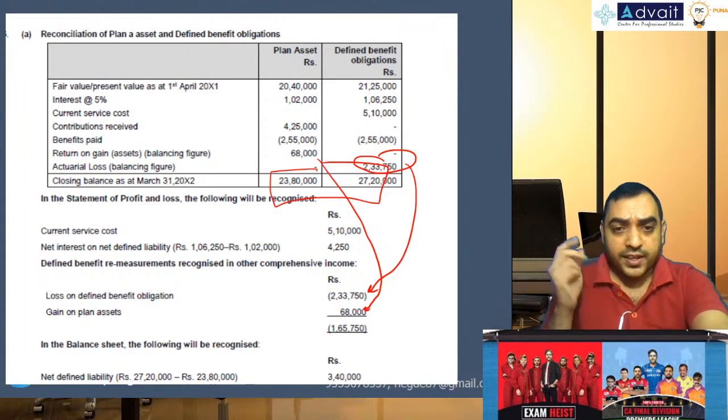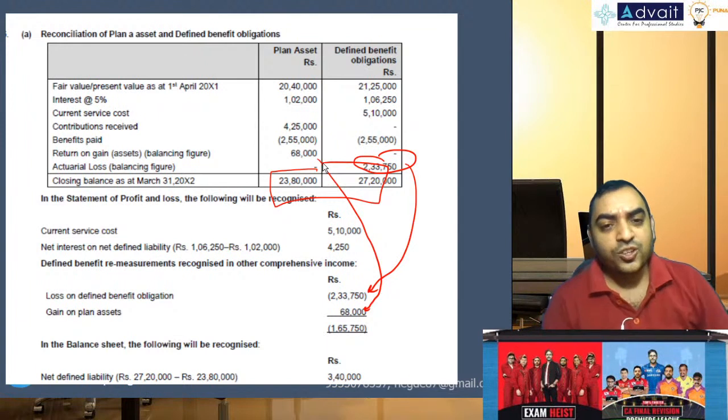A simple problem, tricky question. Go through the problem for 2 minutes and go through the solution.